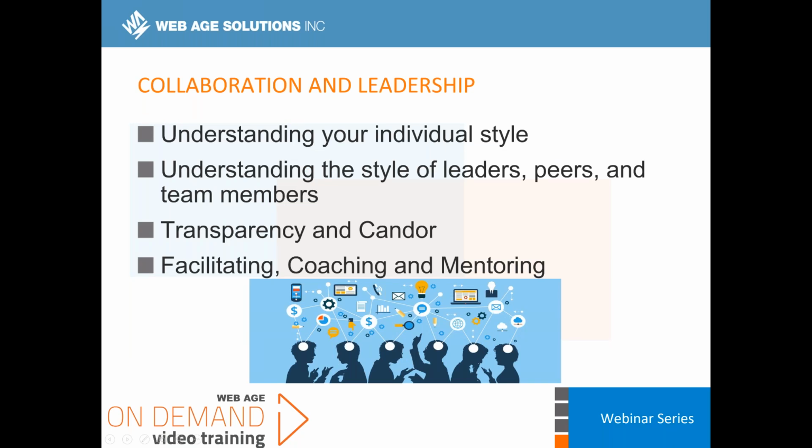It's also about understanding the style of peers, team members, and it's about applying transparency and candor during the conversations and during the transformation. You will find that for leaders to be truly collaborative with the business and understanding what people need, they will need to be coaches, mentors, and develop action plans to assist those that need to change with part of the new environment.